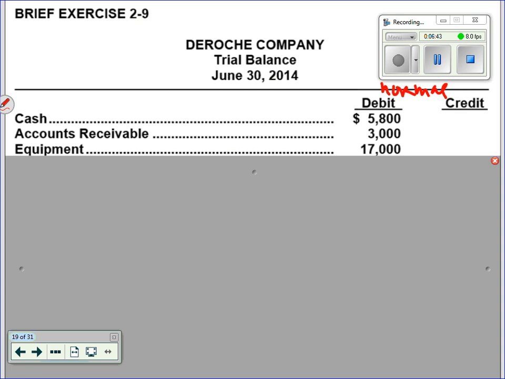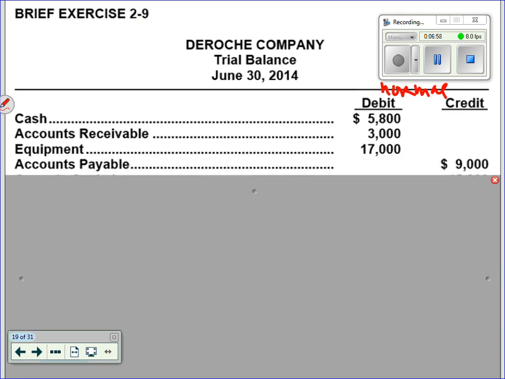Does that wrap up our assets? Okay, so what's our next type of account? Liabilities. How many do we have? Do we have notes payable too? Okay. Why did we put that $9,000 balance under credit? It's on the other side of what?